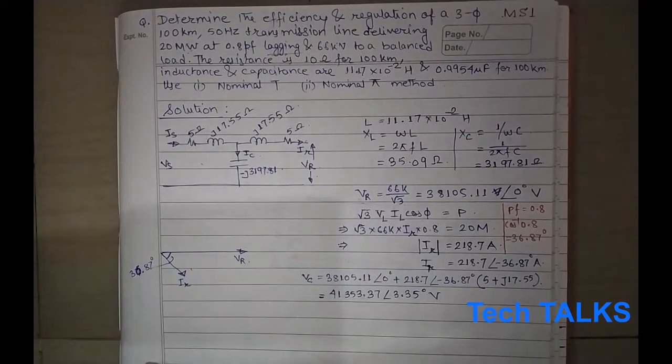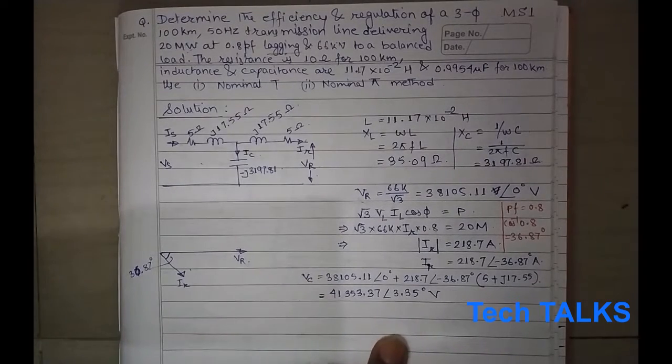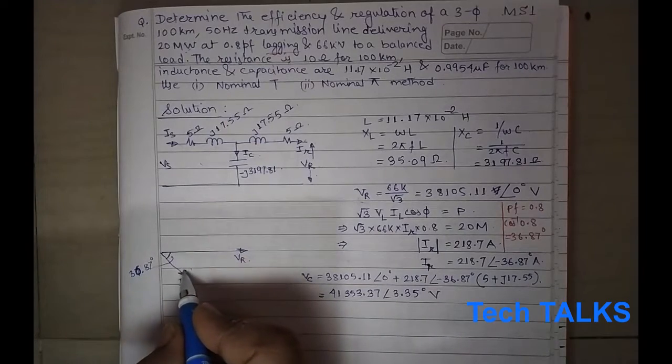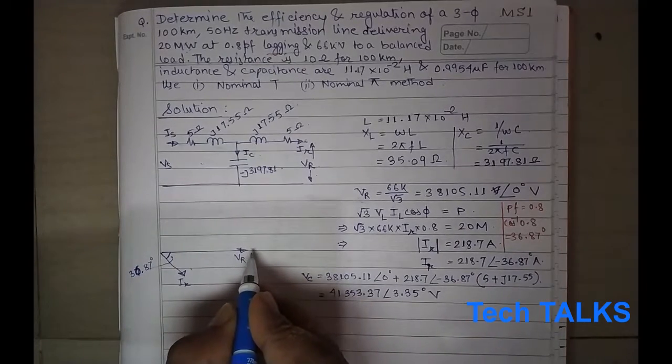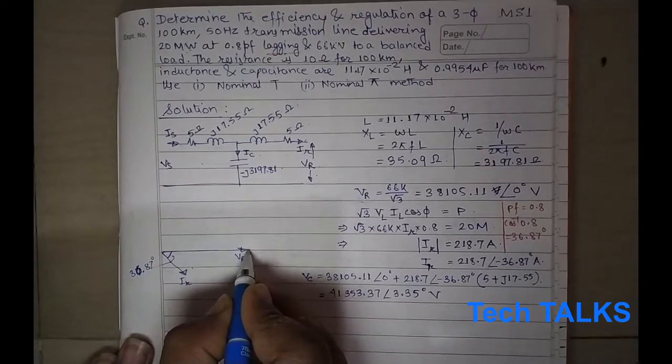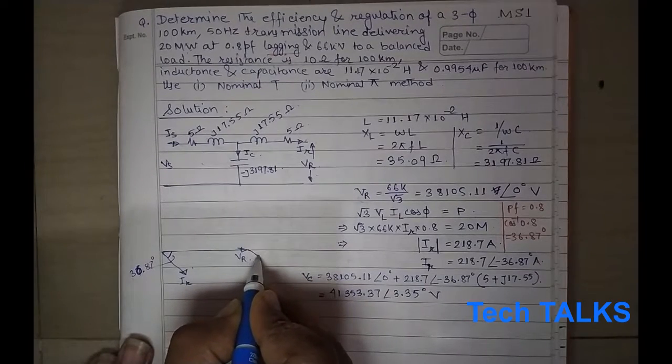So if we try to draw the phasor of this part, you could easily see that if this is IR, then IR into R will be in this direction, parallel.